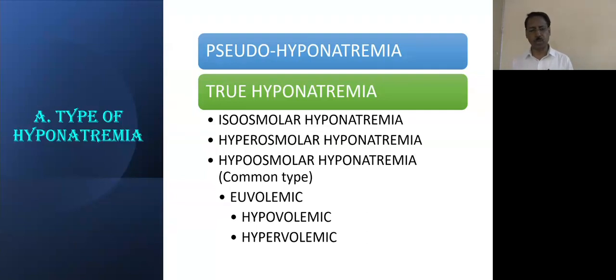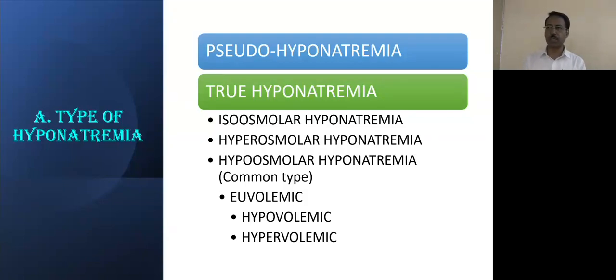If the electrolytes are low, then the osmolality should also be low in a pretty logical way, right? So if there's a hyponatremia, then the osmolality should also be low, and that is what represents true hyponatremia. But we do have two conditions where the osmolality is normal or high, which technically should not be there, but we need to keep that in mind and rule it out before dealing with a true hyponatremia, which is a hypoosmolar hyponatremia.